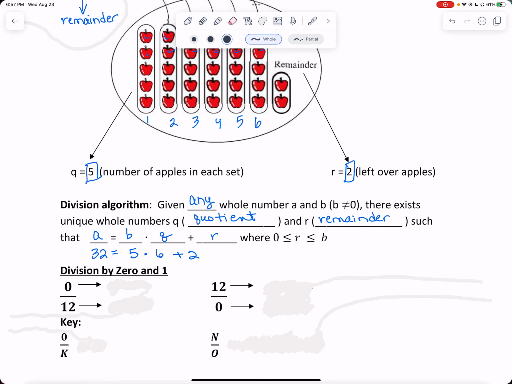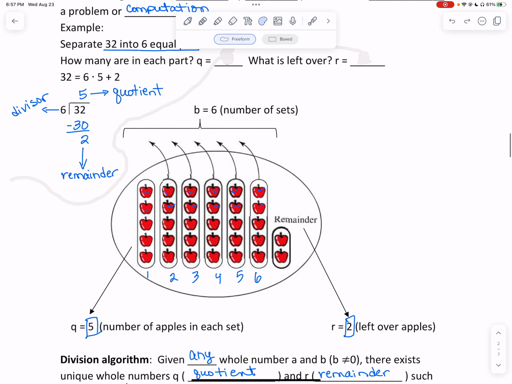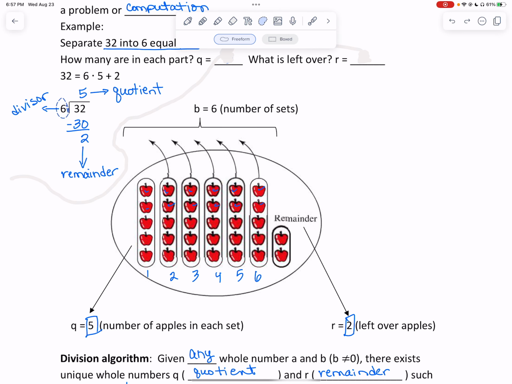Okay, so that's saying that 5 times my 6 is going to give me that 30, and then we have this remainder. This part means this remainder cannot be more than this 6, right?